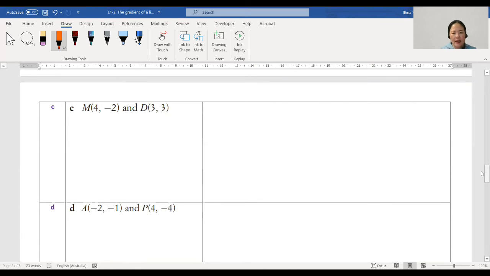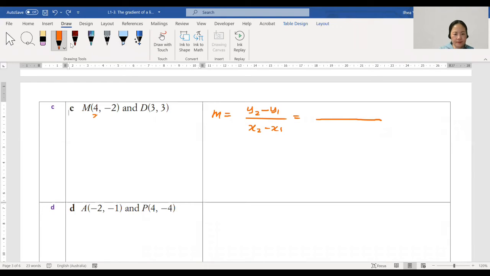Part C, m equals y2 minus y1 over x2 minus x1. So where's my y2? Which number is my y2? Thank you, Alia. x1, y1, x2, y2.